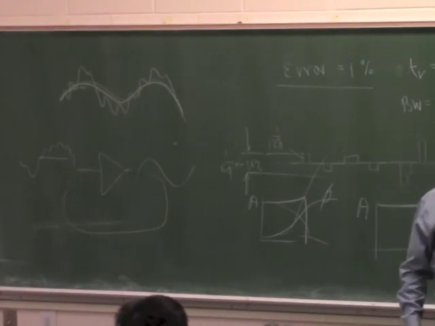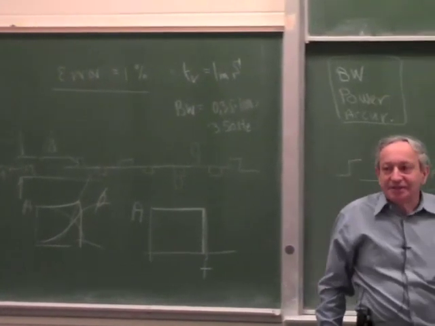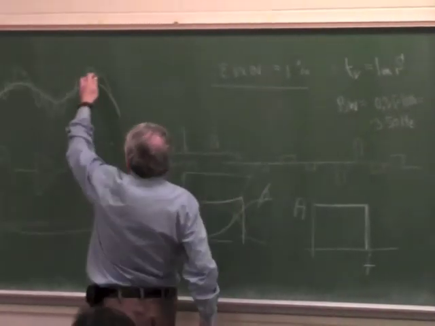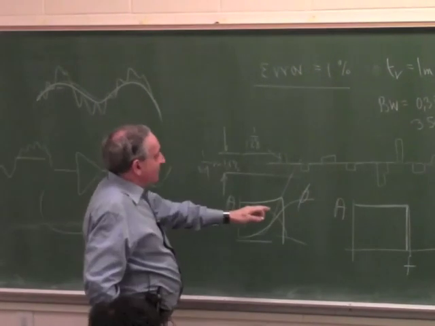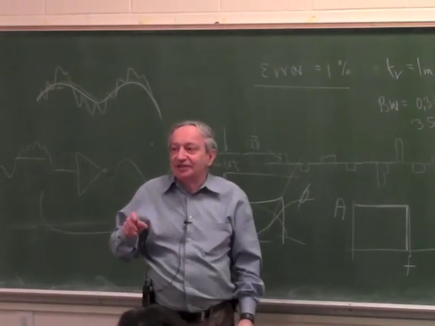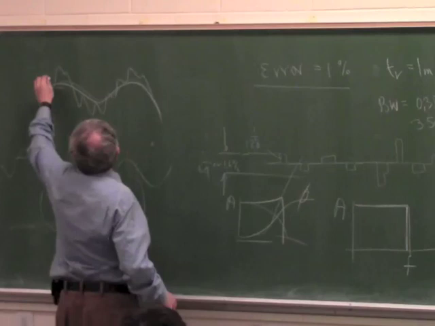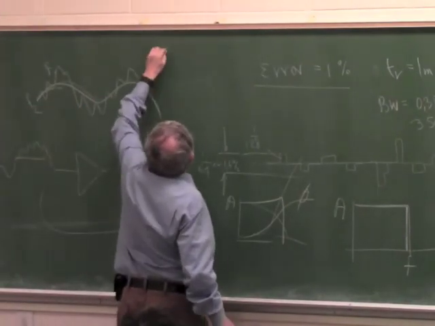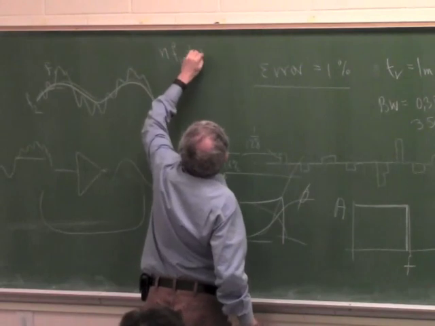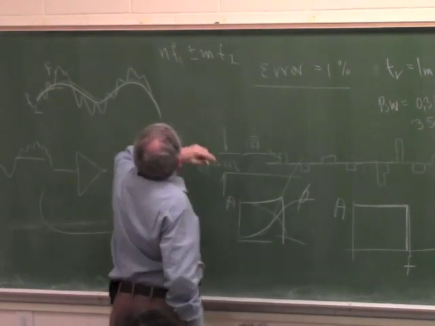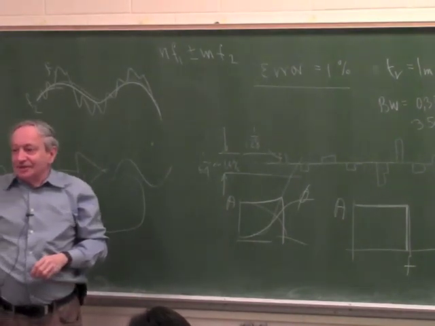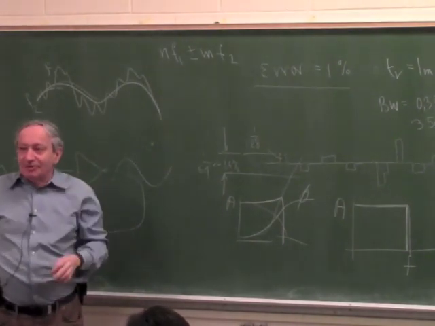Because I went over it that in a nonlinear system, if you put in frequencies f1 and f2, at the output you can get the sum and difference. Actually, if you put in f1 and f2 in a nonlinear system, you can get nf1 plus or minus mf2, where n and m are integers. Okay? So I hope you remember that, because I showed you why.